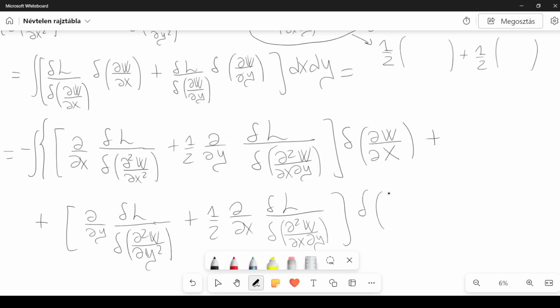And this multiplies δ of ∂w/∂y. And this multiplies dx dy, like this.